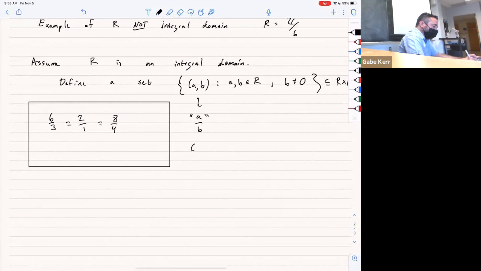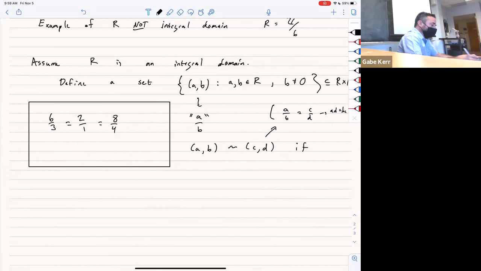So we'll say (A, B) is related to (C, D) if, well, this is just our thought bubble here, we want to say A over B equals C over D. Well, that's going to be true if I can cross multiply, right? A times D equals B times C. So there's my relation: if AD equals BC.